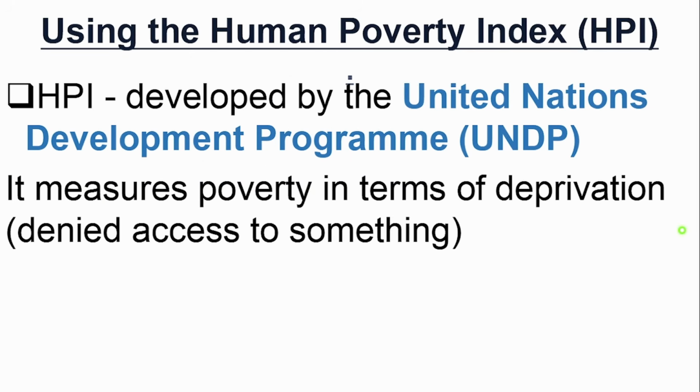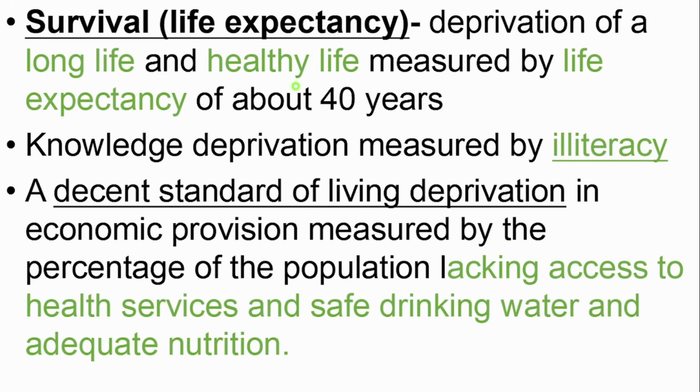Then we look at how the United Nations Development Program, UNDP, measures poverty. So for them, they look at poverty in terms of deprivation, where we deny something to someone. So, one, they look at life expectancy. Deprivation of a long life, healthy life, which is measured by life expectancy of about 40 years.